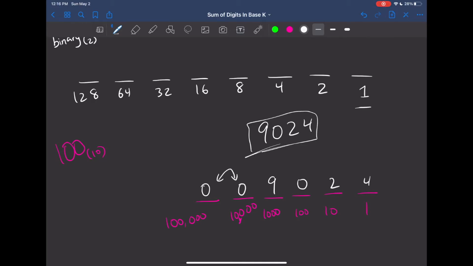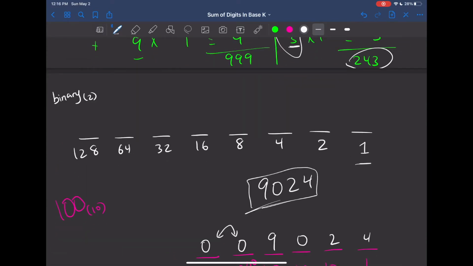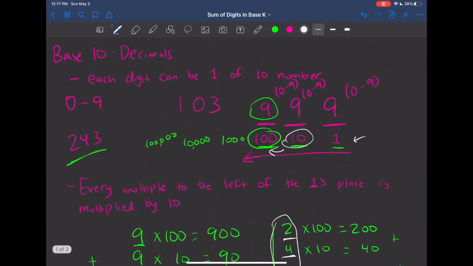So using the same idea, to convert 100 to a base of 2, we shouldn't put any number in the 128 place. Oh, and by the way, since we're in binary, each digit can only be one of 2 numbers. When we were in base 10, each digit could be written as one of 10 numbers: 0, 1, 2, 3, 4, 5, 6, 7, 8, and 9.